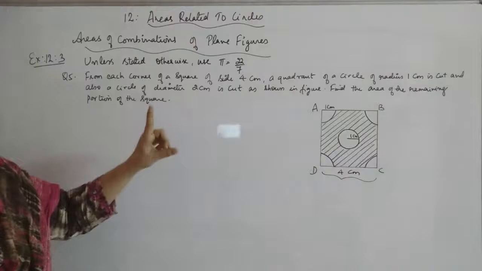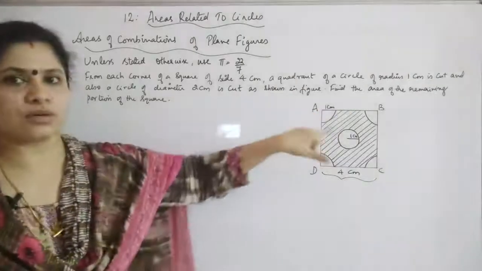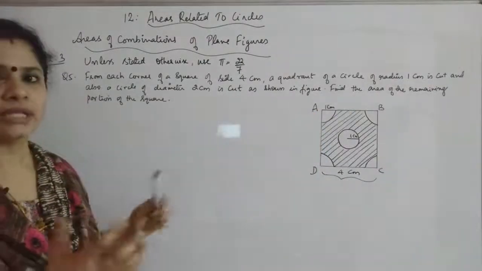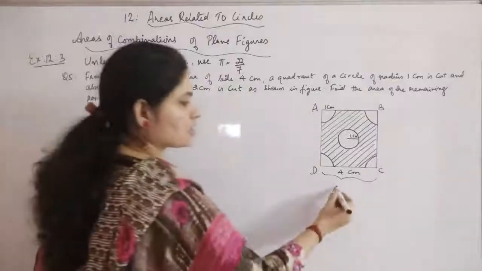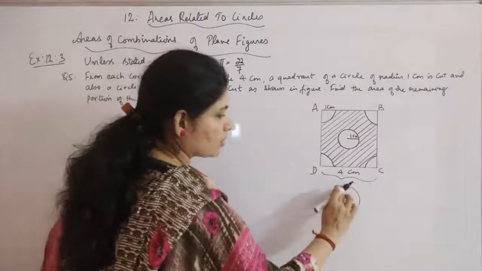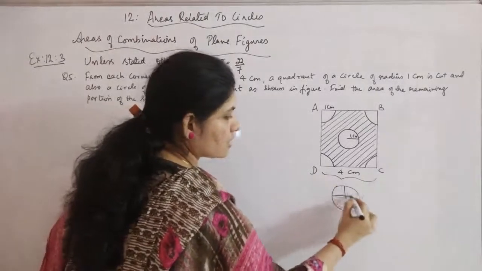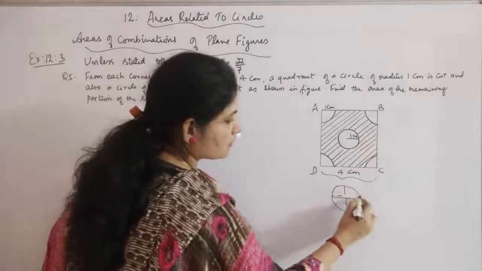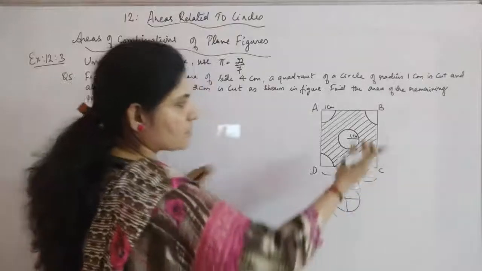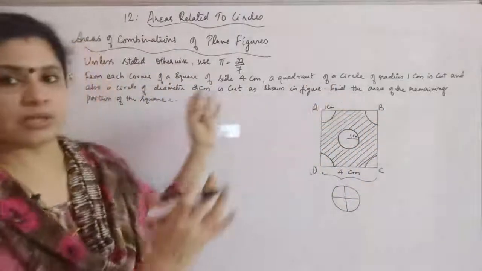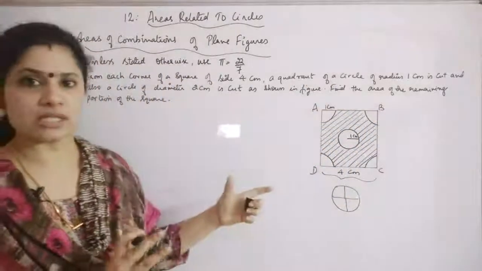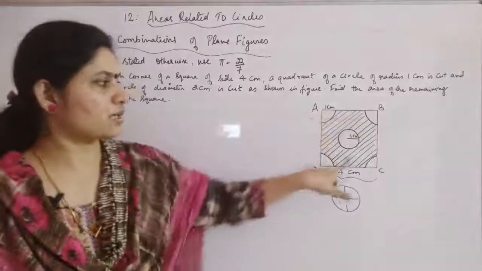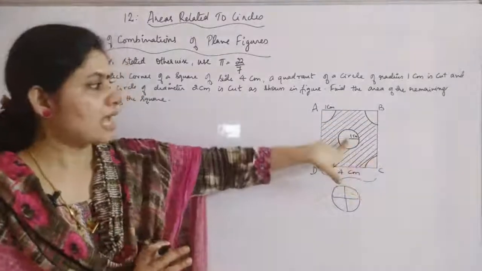And remember one thing, if you have 4 quadrants of the same radius, together they will give you a circle, because a circle can be broken into 4 quadrants. So these 4 quadrants, when you keep them together, you will get one circle. So here you have one circle together from your 4 quadrants, and one more circle.